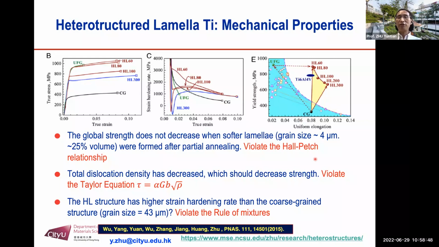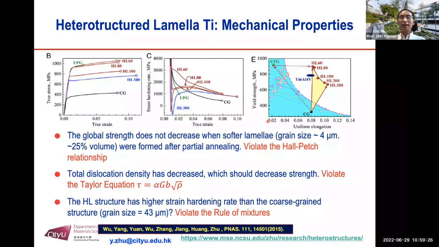And I'd like to point out a few problems with this data. First, by partial recrystallization, the soft lamella zones have a bigger grain size, like 4 micrometers. So the average grain size has increased, but the yield strength does not decrease. So this violates the whole Hall-Petch relationship. The well-known Hall-Petch relationship does not work anymore.